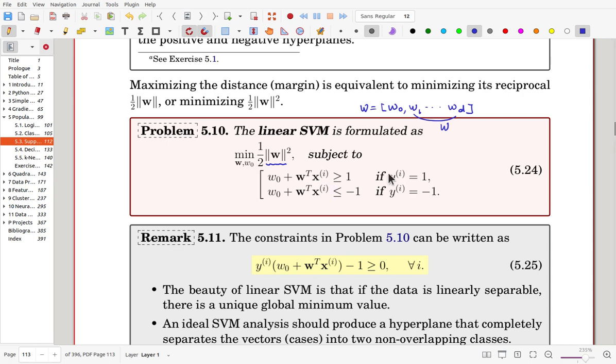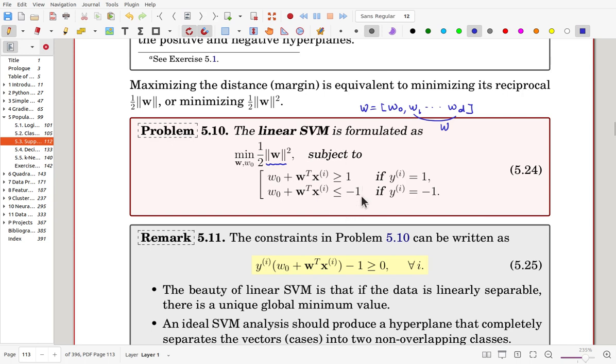Once yi, the label of the point xi, is 1, the net input is larger than or equal to 1. And if it is -1, for a point of the negative data set, the net input must be less than or equal to -1.